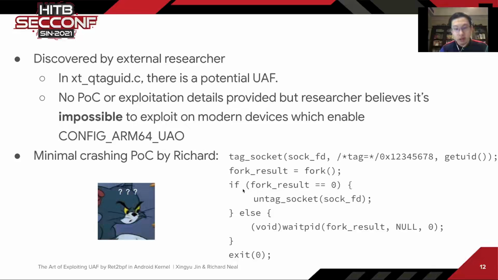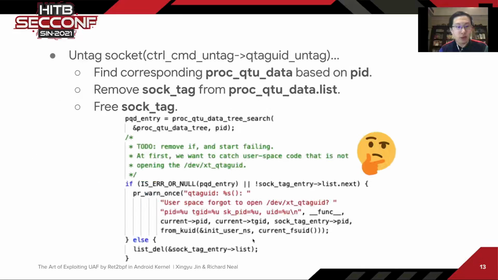How is it possible? Let's take a closer look at how untag actually works. When a user space program opens the module, the module will create the proc_qtl data based on the PID. The kernel tries to find the corresponding proc_qtl data structure, then unlinks the socket tag and frees the socket tag structure later.